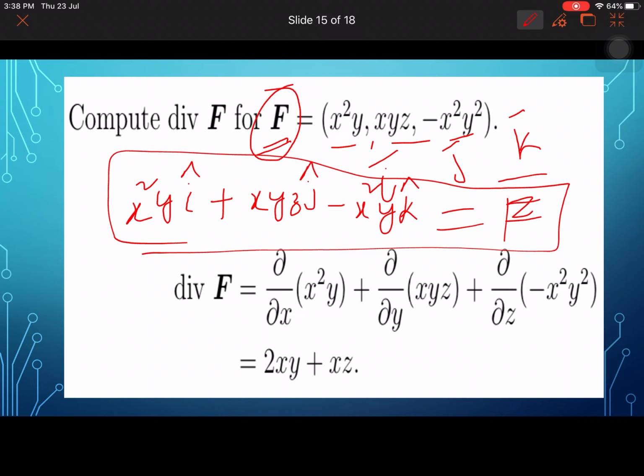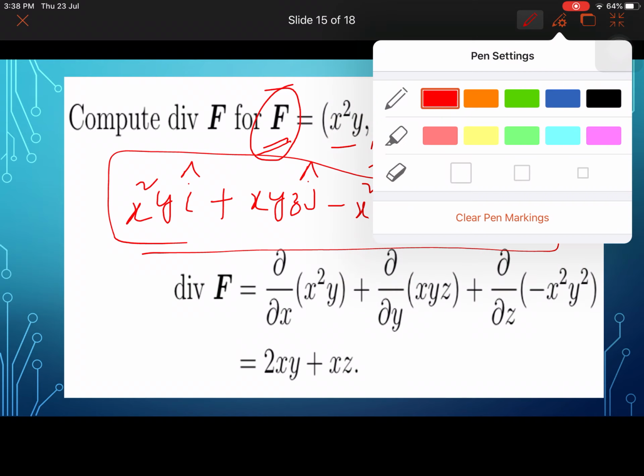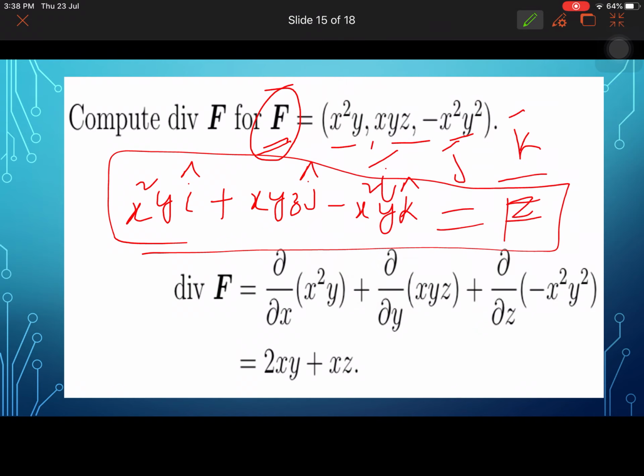Then divergence of f bar equal to dou by dou x of x square into y plus dou by dou y of x y z plus dou by dou z of minus x square y square. Okay, so as you know, when you are partially differentiating, you should take only x square as the variable function, y is the constant, so y is y. So dou by dou x of x square equal to 2x.